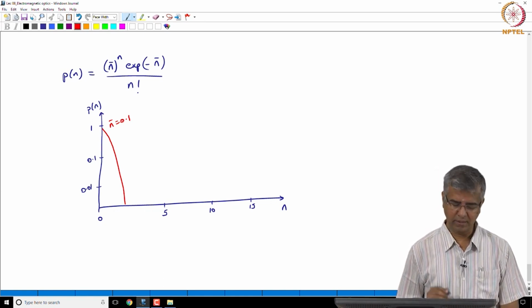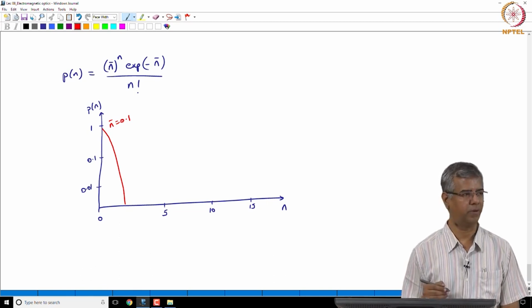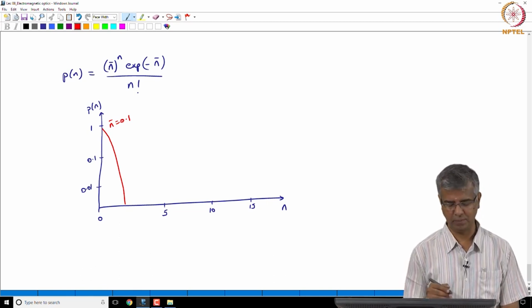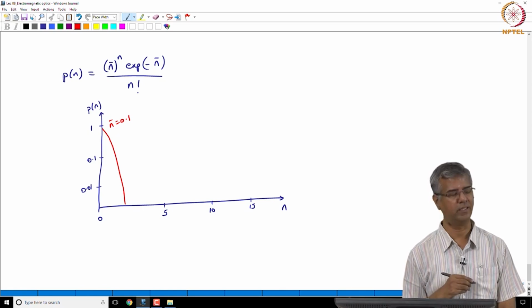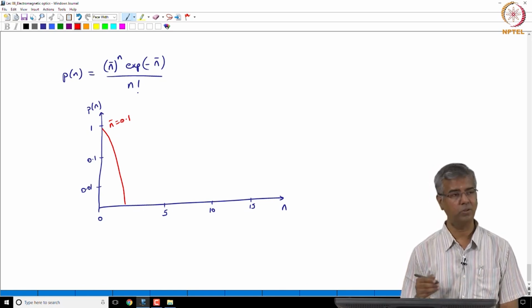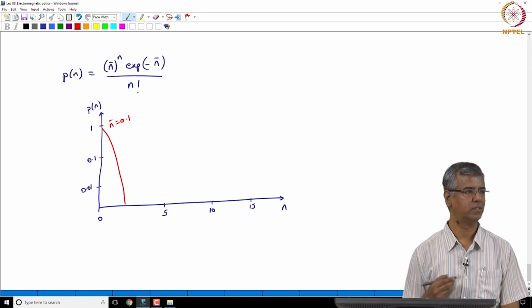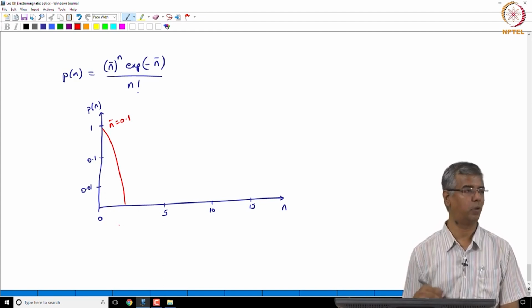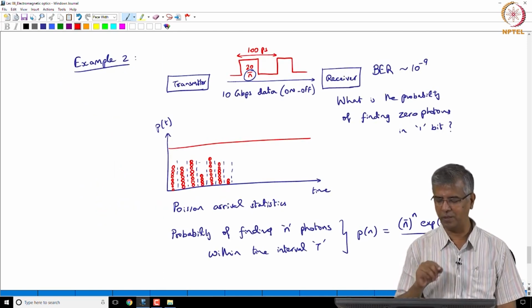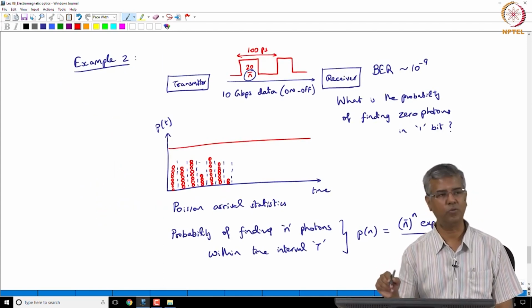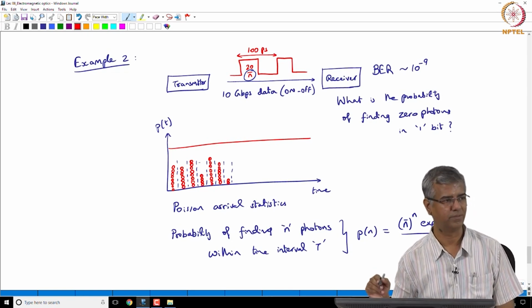There is still a finite probability that you will find one photon in that time slot, or you could even have two photons in a time slot. However small the probability is, there is a probability. Why are we tracking this? Because our problem requires us to find 0 photons when you have a 1 bit.